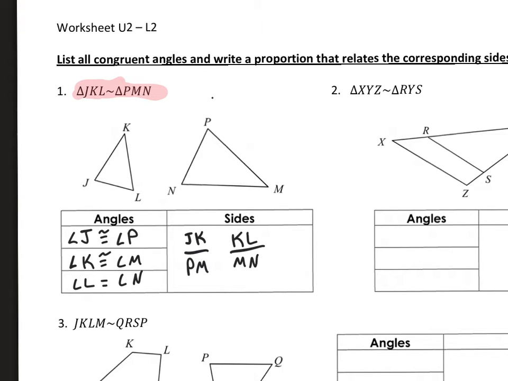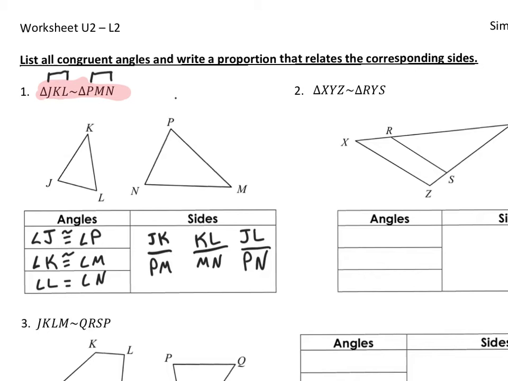And finally JL, because we go with the first and the last, matches up with PN. So we can write this as a proportion, just put equal signs in between them.